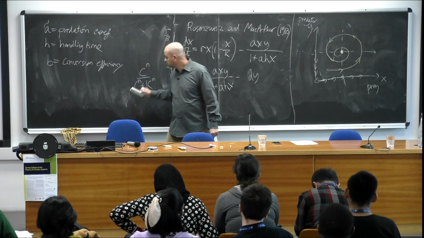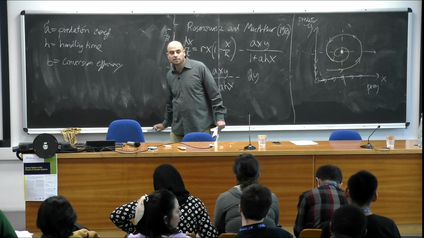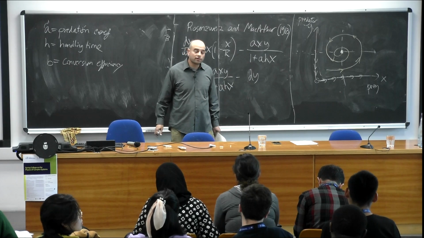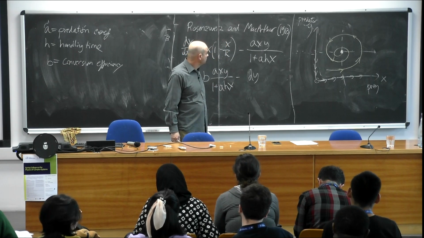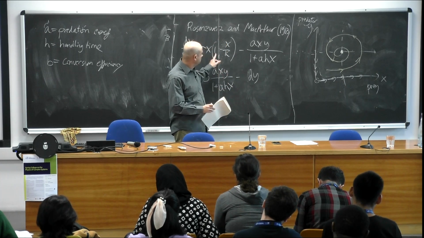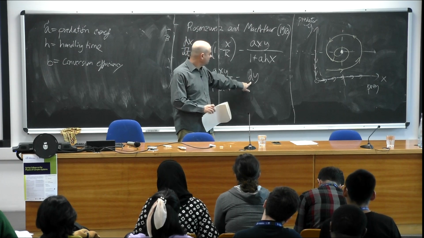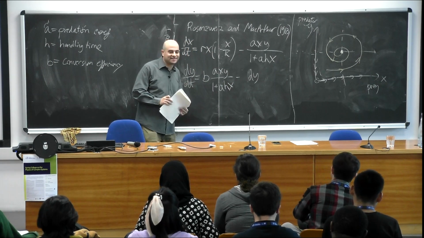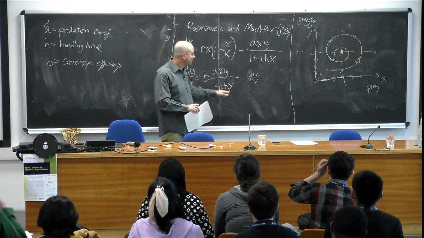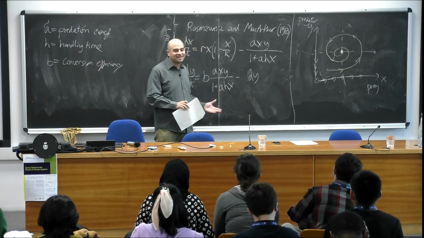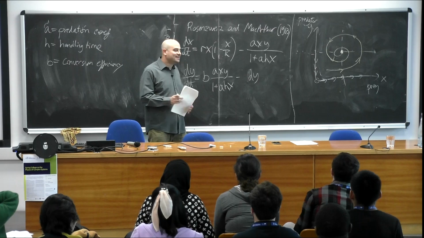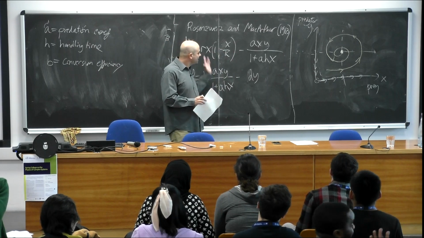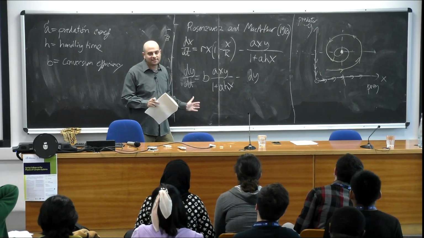Yes? Oh, dy as in dy. Yeah, okay, sorry about that. But this d is a differential and this d is a parameter. I mean, this is the way I think most people write it.